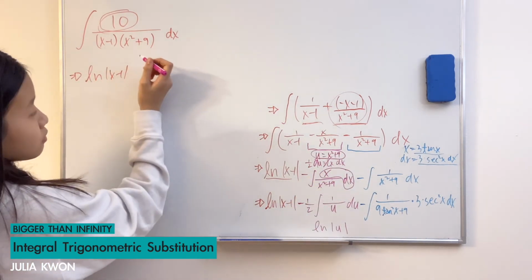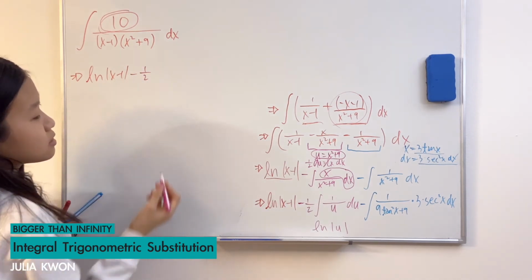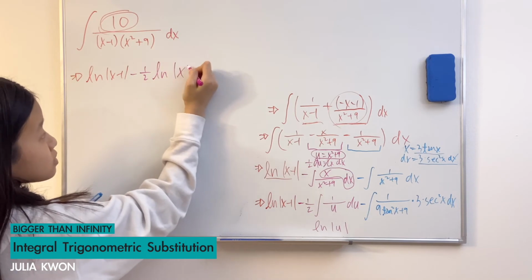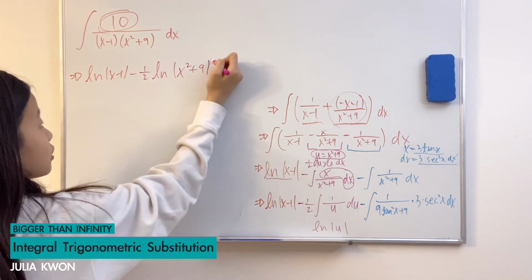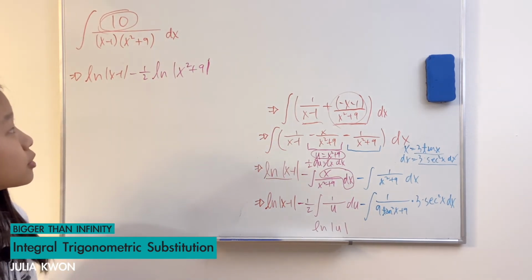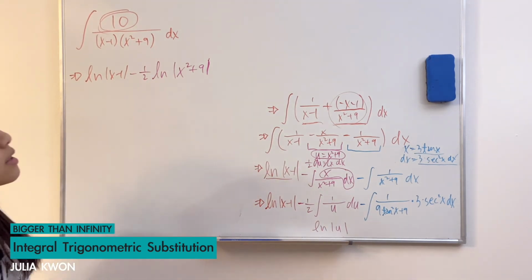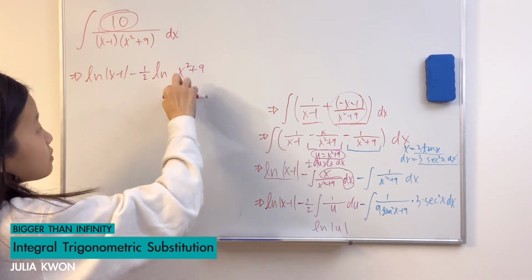So minus 1/2 times ln absolute value of x squared plus 9. But we don't really need the absolute values anymore because the inside will always be positive, even without the absolute values.